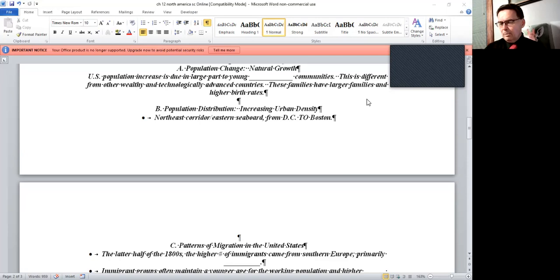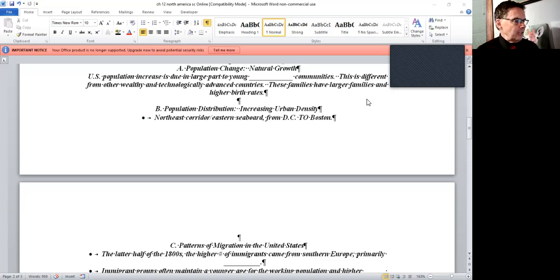And on table 12.2, on page 547, there are population figures from the early 2010s, and then projections for 2025 for the major cities in North America.